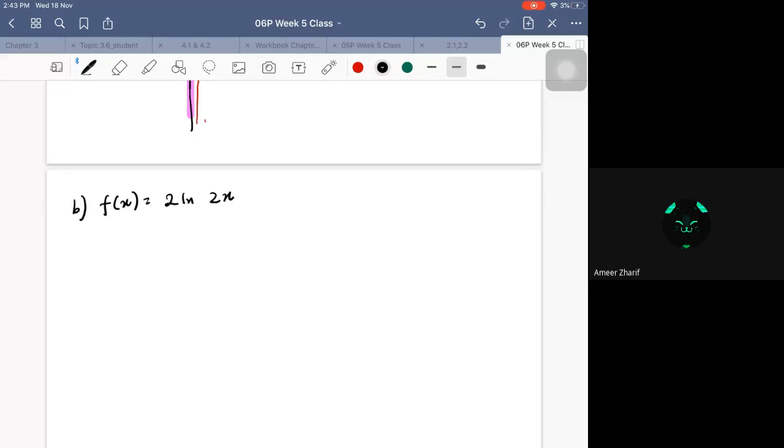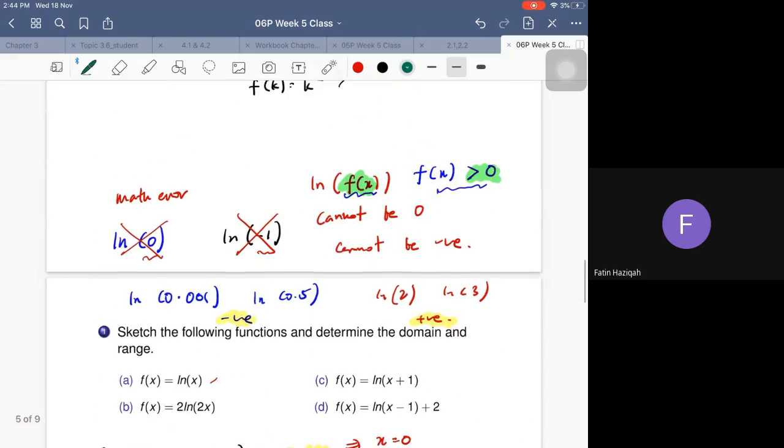Okay, so it's going to be pretty much the same idea. Can anyone tell me for this case, what is going to be our domain? Based on what we discussed before, what is our domain? No, it's not going to be 2. This is the concept that we're going to apply.